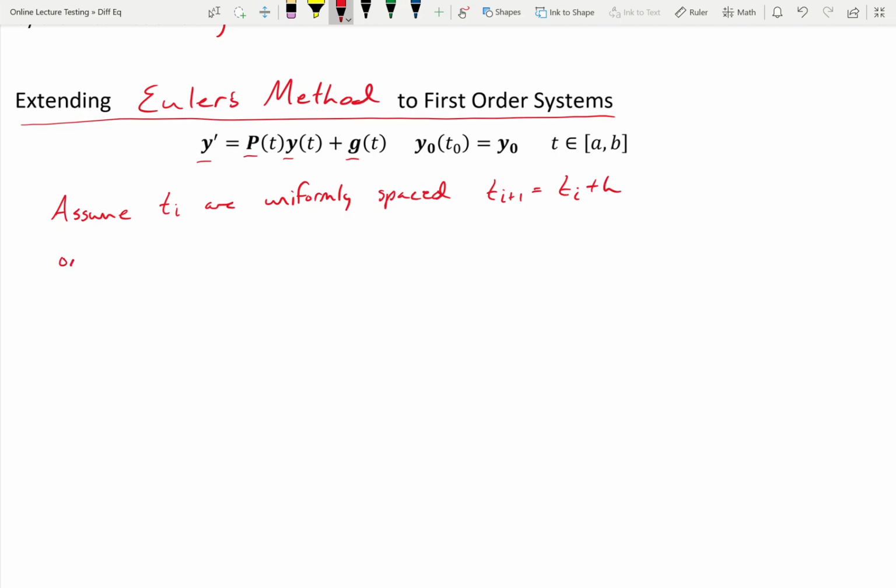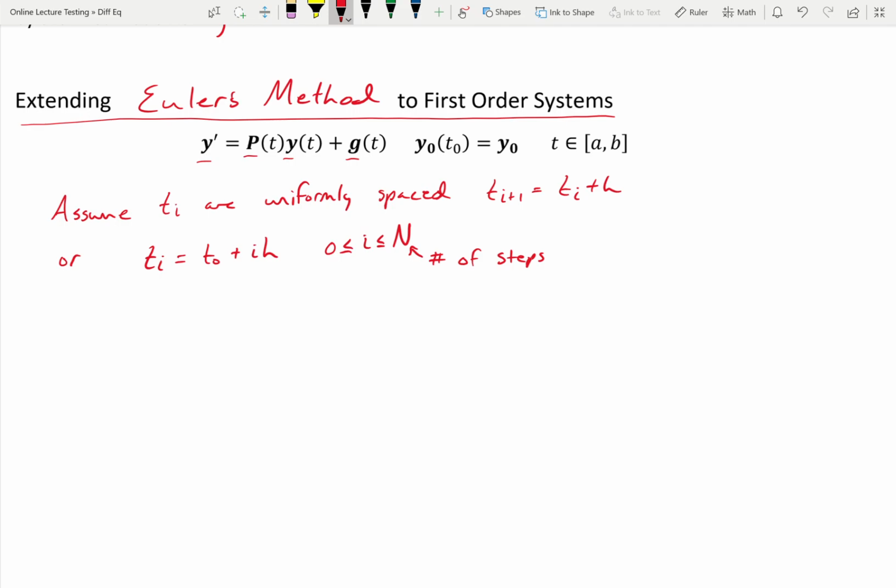Another way to state that is t sub i is equal to t sub 0 plus ih, where i is some value between 0 and big N, and big N is equal to the number of steps that we're going to be taking to get to our value. That's all going to be dependent on h. H is going to be the driving force of how many of these there are.